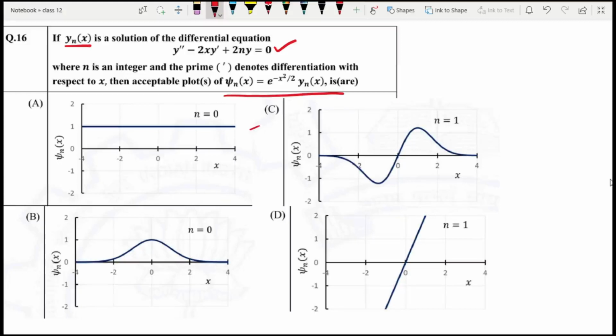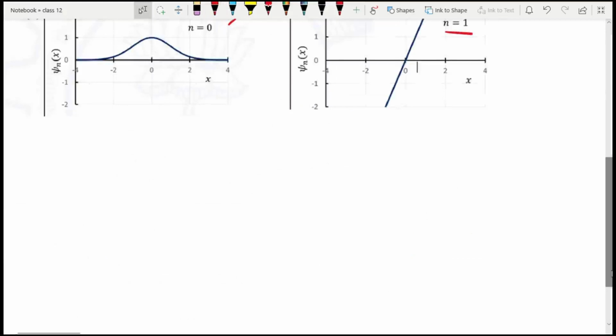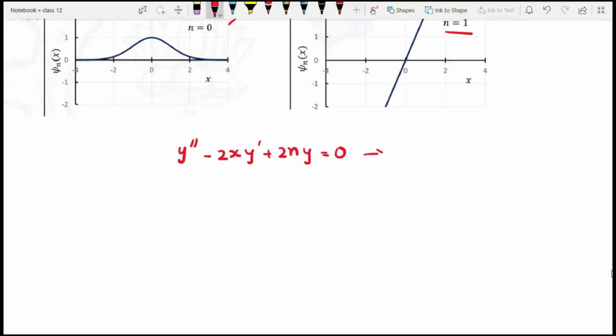Here in these two plots, the n value is 0 and here the n value is 1. First we will write the given differential equation: y double prime minus 2xy prime plus 2ny is equal to 0. Okay, this is nothing but the Hermite differential equation.